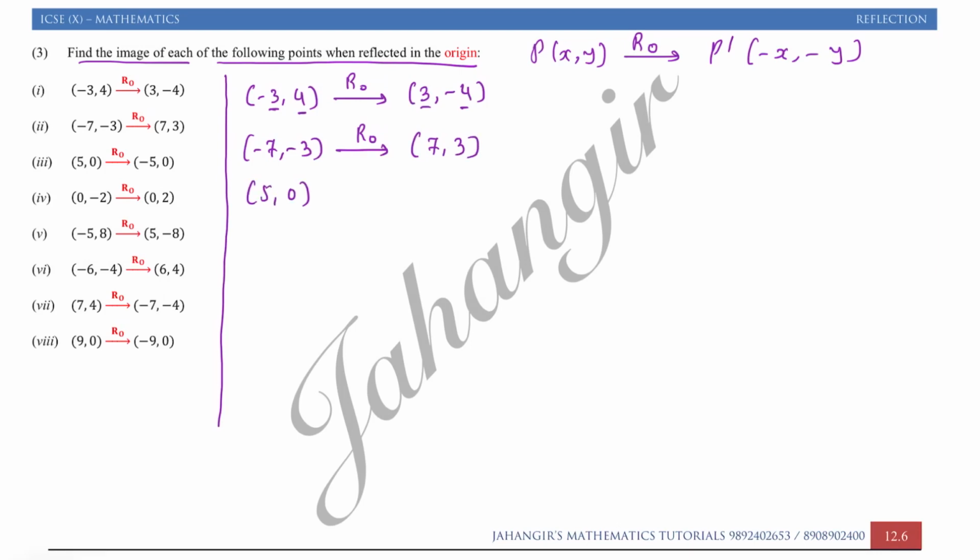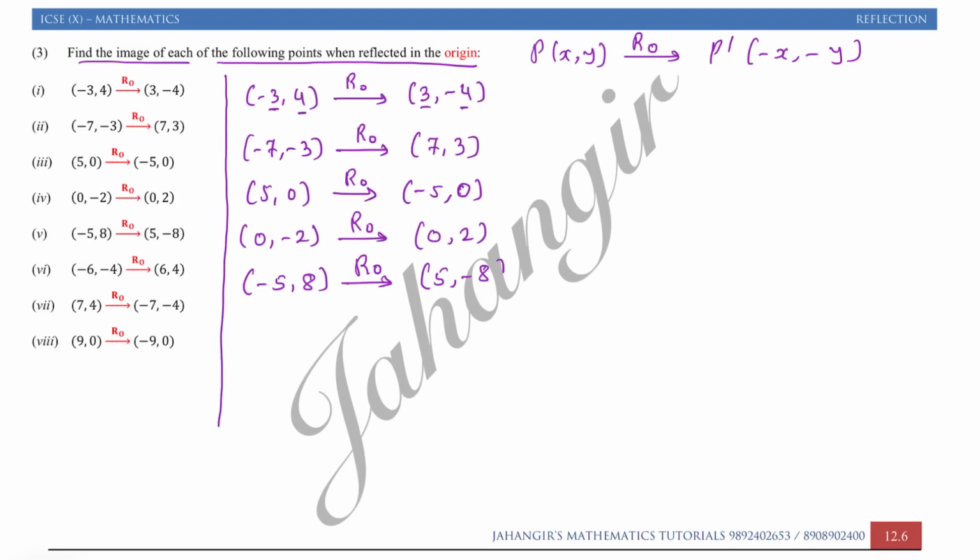(5, 0) on reflection in the origin will become (minus 5, and you cannot write minus 0, so we can write 0). (0, minus 2) on reflection in the origin will give you (0, 2). (Minus 5, 8) gives you (5, minus 8).